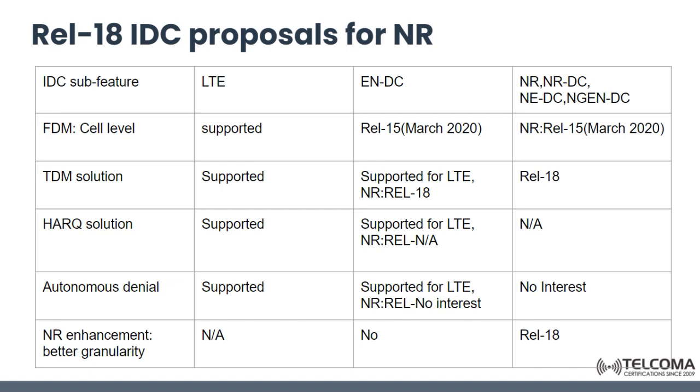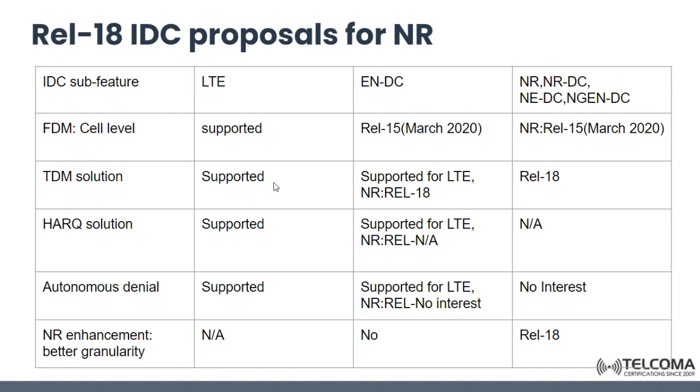This is the table. We can see here the IDC subfeature for LTE, EN-DC and NR-DC, NE-DC, next generation EN-DC. FDM cell level is supported in LTE from Release 15 in EN-DC, and the same for the new radio.